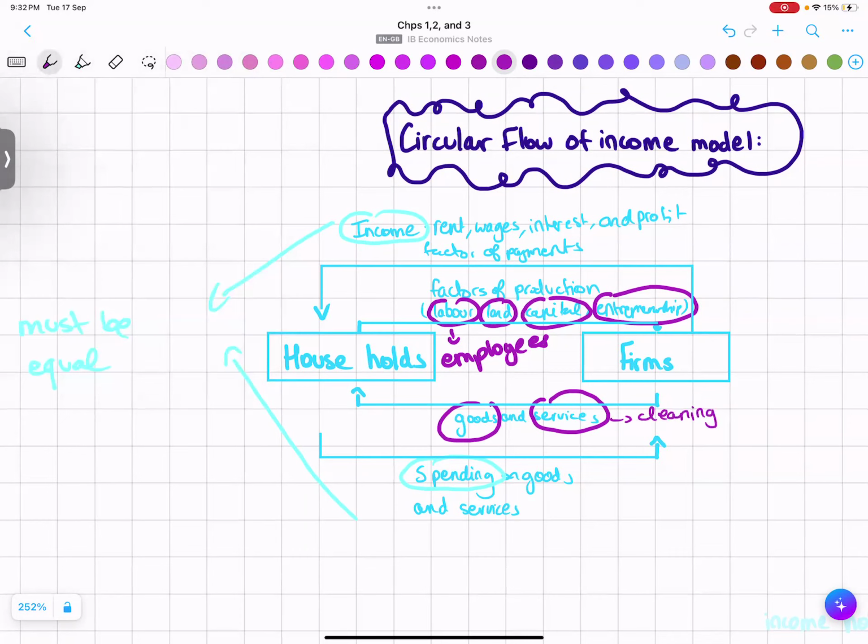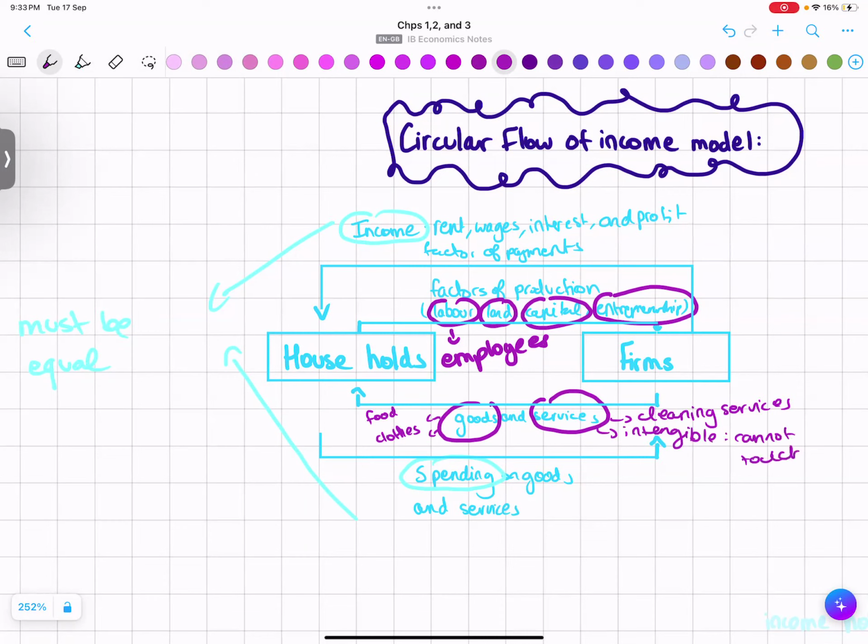For goods, you have so many types, like food and clothing. Another thing, services are intangible, meaning that you cannot touch them.